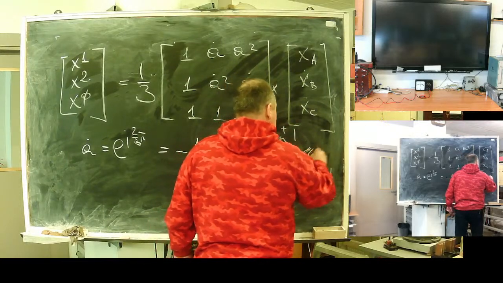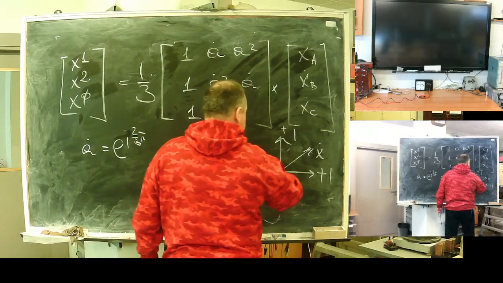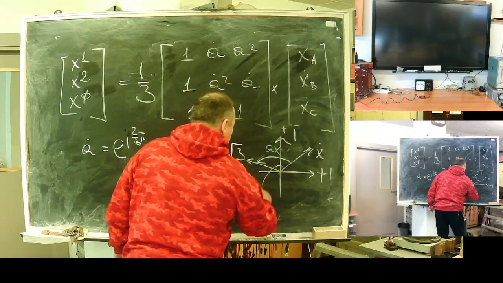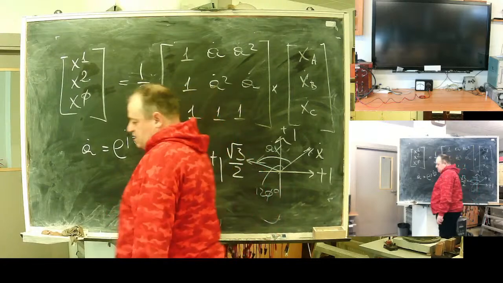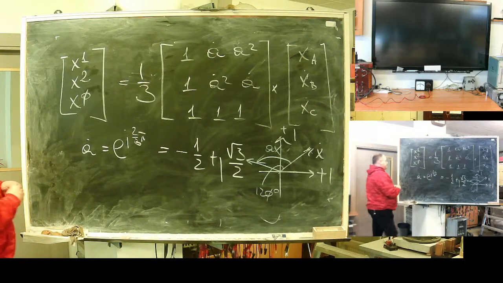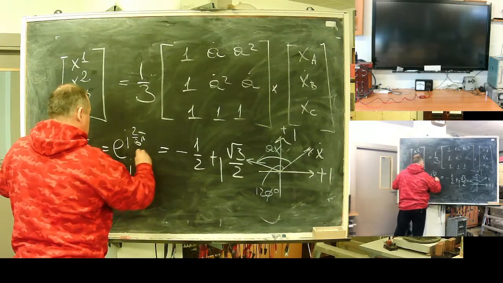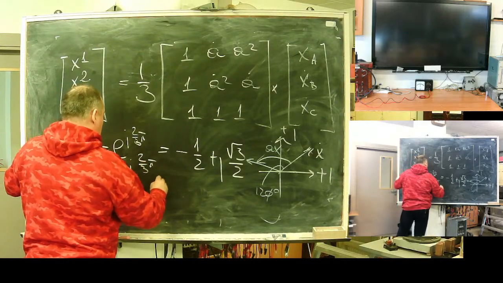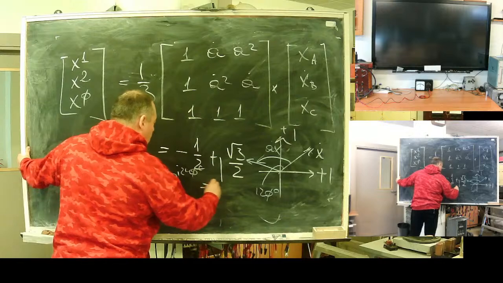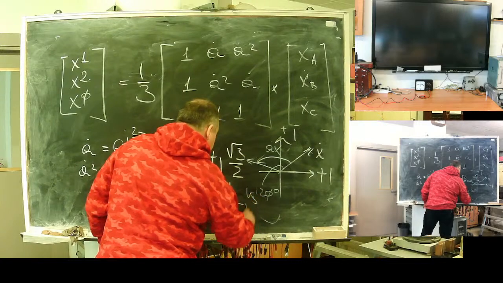Let's say this is some kind of x. aX means rotation forward by 120 degrees. a squared equals e^(-j2π/3), or e^(j240°), or minus 1/2 minus j times square root of 3 divided by 2.